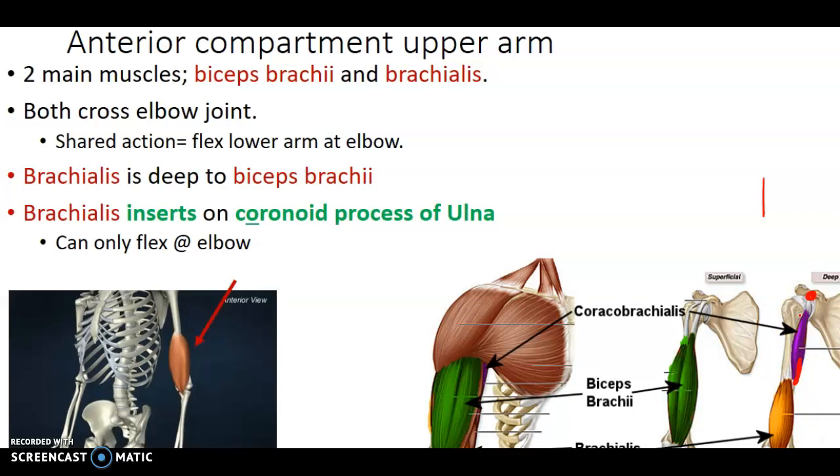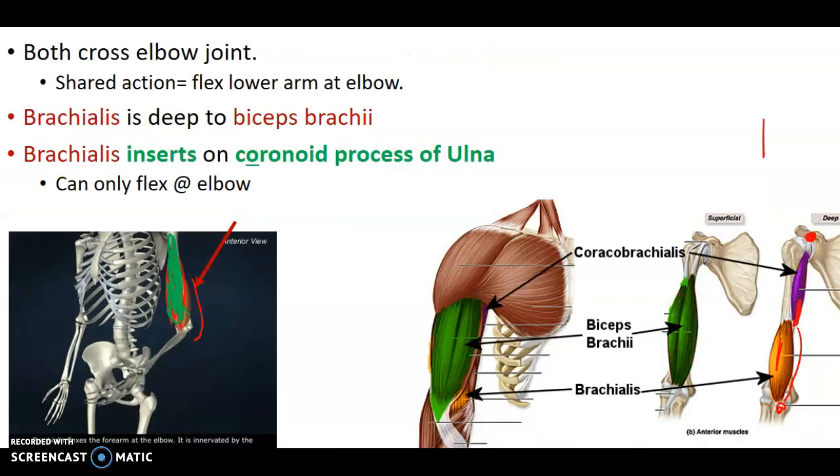Now there's two muscles. This muscle right here, this orange muscle, is the brachialis. And then sitting on top of the brachialis, we have the biceps brachii. Both the biceps brachii and the brachialis cross the elbow joint.